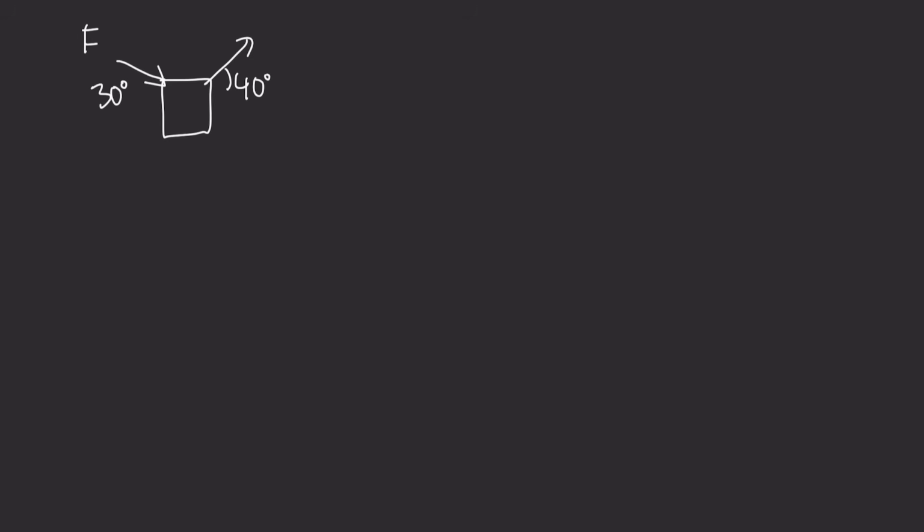We're going to call this F1, which is equal to 12 newtons, and F2, which is equal to, let's say, 10 newtons. We want to find the net work done on this box by forces F1 and F2 during a displacement D, which we're going to say is 8.5 meters.